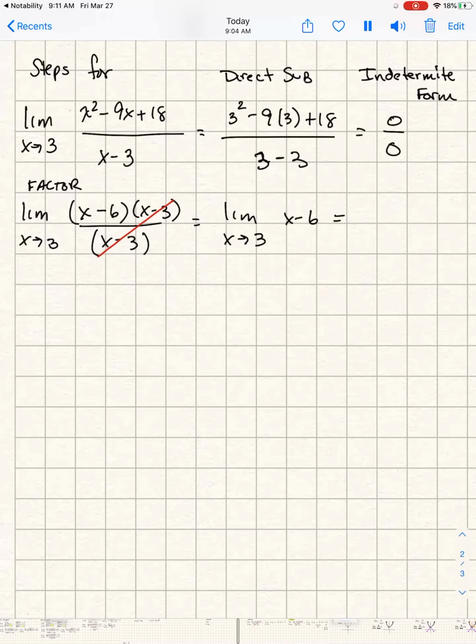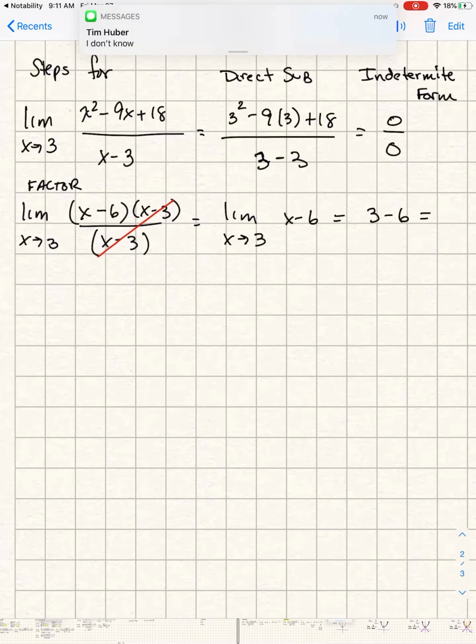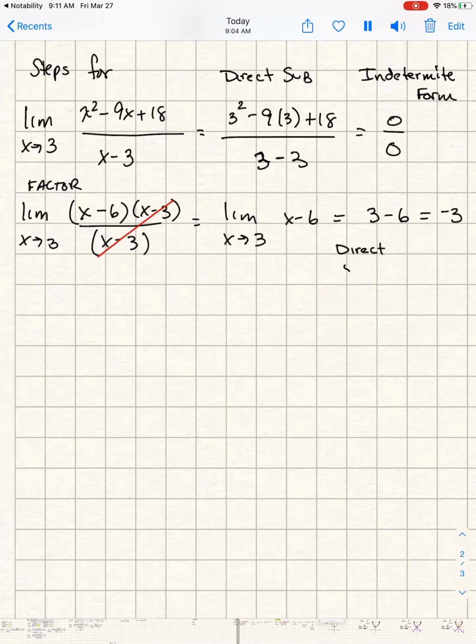Now we could do direct substitution, and we get negative 3. So again, here is another direct substitution, and then the limit is found.